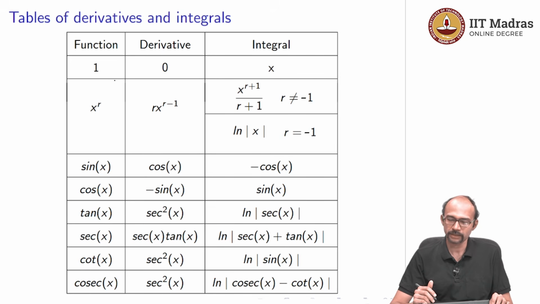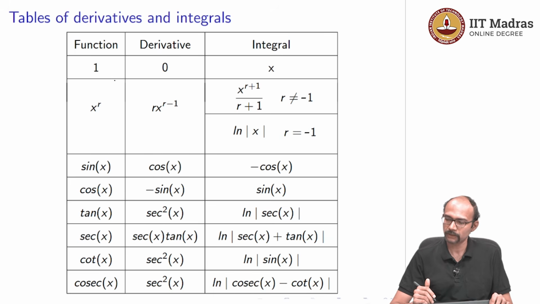The next is the function x to the power r. Its derivative we have already seen is r times x to the power r minus 1. How about its integral? Well, that depends on the value of r. If r is not equal to minus 1, then it is x to the power r plus 1 divided by r plus 1. And as you can see, if r is minus 1, then there will be a problem because the denominator is becoming 0.